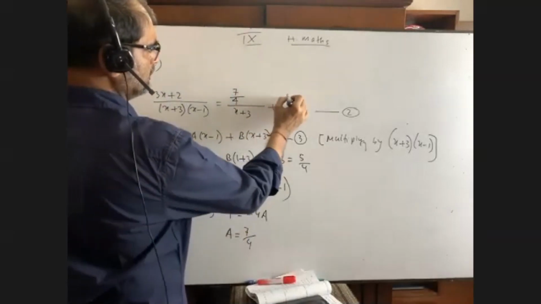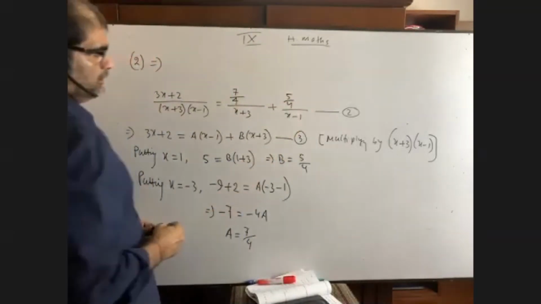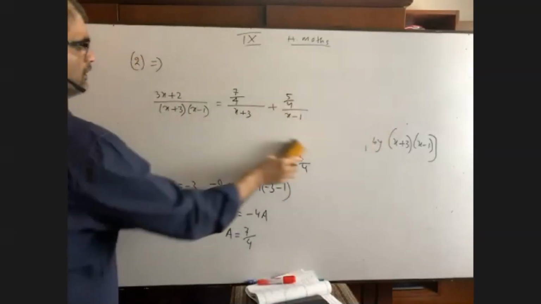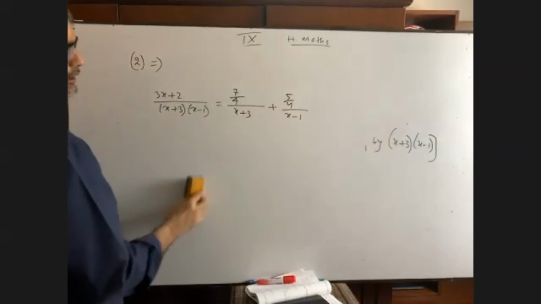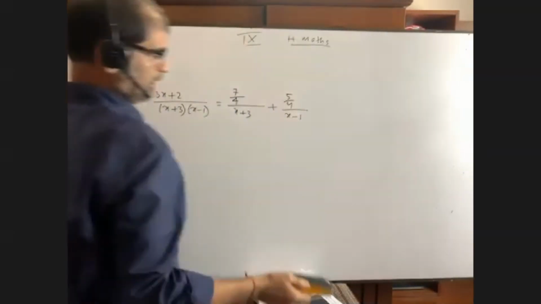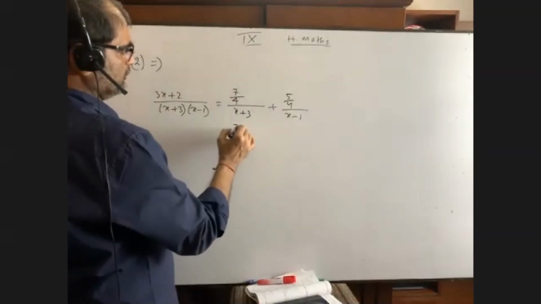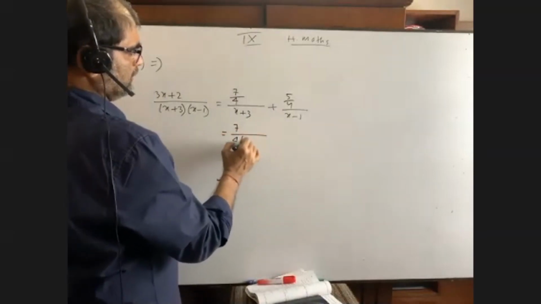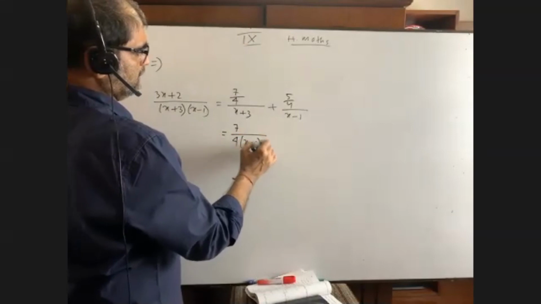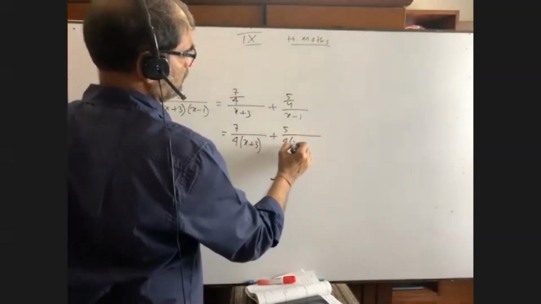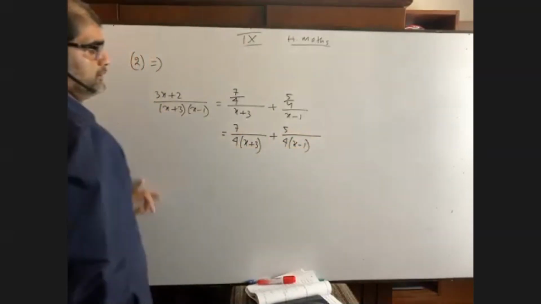Write down 5 by 4. I have just put the values, nothing else I did here. That is 7 by 4 into x plus 3 plus 5 by 4 into x minus 1.